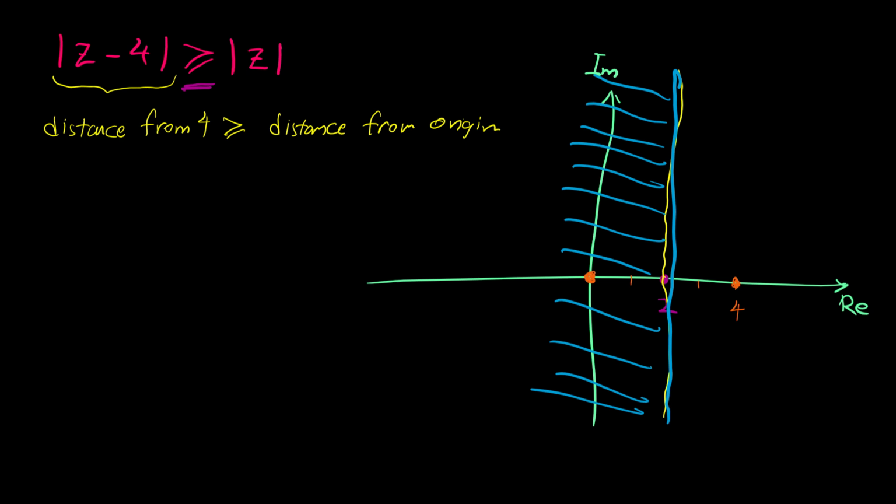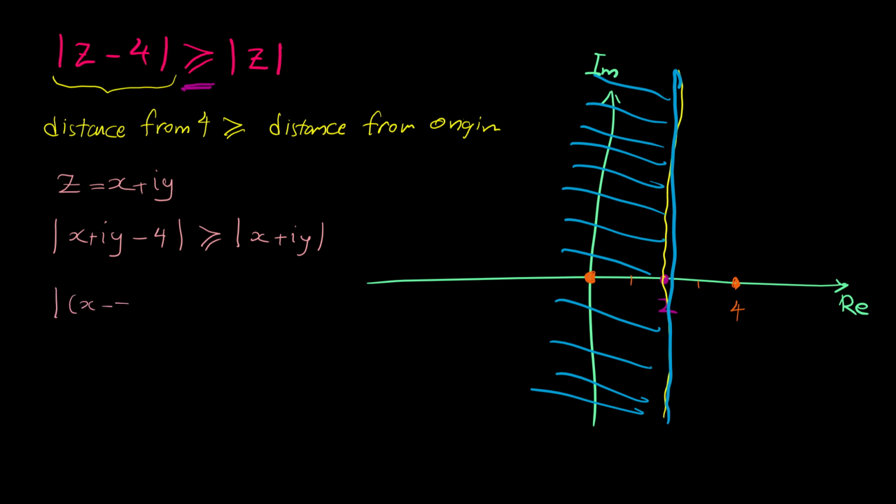To prove this, we start from this equation and we simplify it. We suppose z in the equation to be x plus iy, and we substitute this in the equation. So absolute of x plus iy minus 4 greater than or equal to absolute of x plus iy. What is the definition of absolute or modulus of a complex number? Square root of the real part to the 2 plus the imaginary part to the 2.